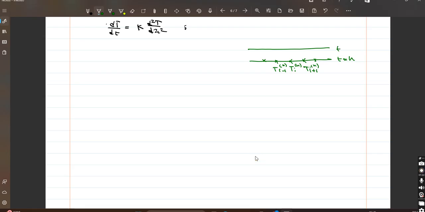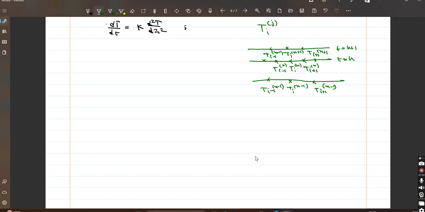Now at n+1 we will again have T_i^{n+1}, T_{i+1}^{n+1}, T_{i-1}^{n+1}, right? This is for the time n+1. And in the past we will have T_i^{n-1}, T_{i+1}^{n-1}, T_{i-1}^{n-1}, right? Okay, so you get the thing.